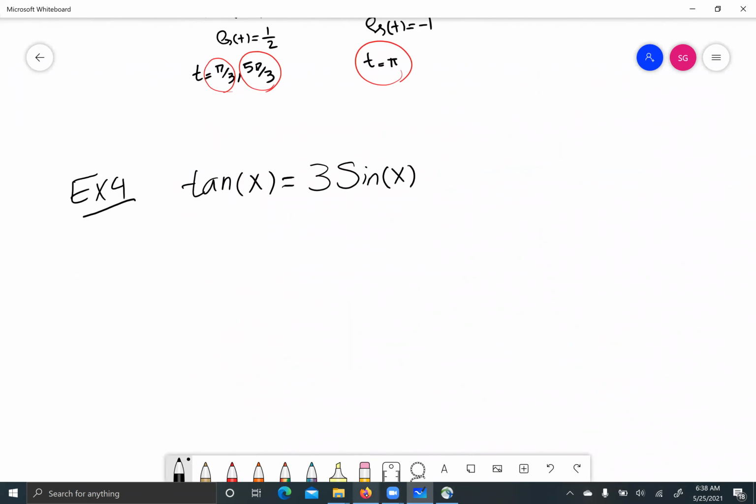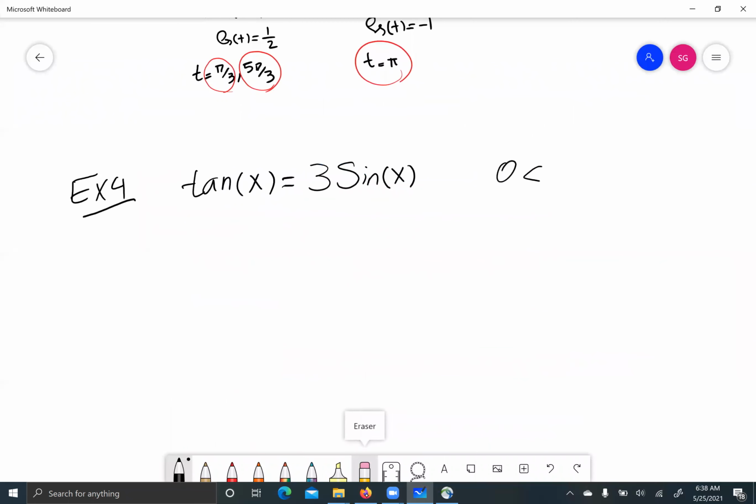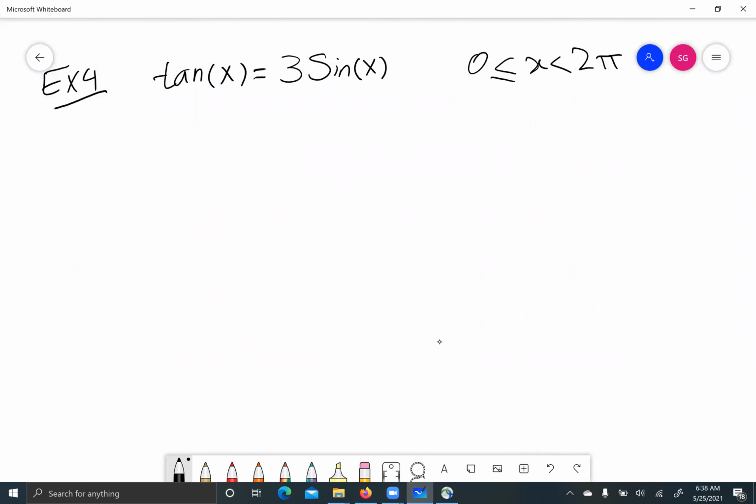And we are looking for the solution of this equation between 0 and 2 pi. Okay, so again, in this equation, we have tangent function and sine function. We would like to have something in common. So let's rewrite tangent as sine over cosine, because then we at least have sine in common.